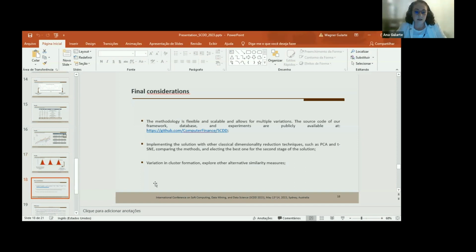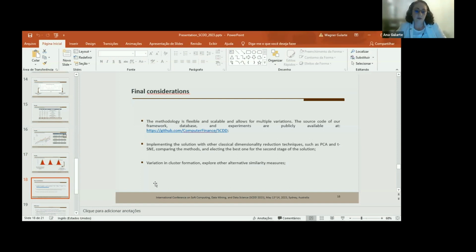Final considerations: the methodology is flexible and scalable and allows for multiple variations. The source code of our framework, database, and experiments are publicly available at GitHub.